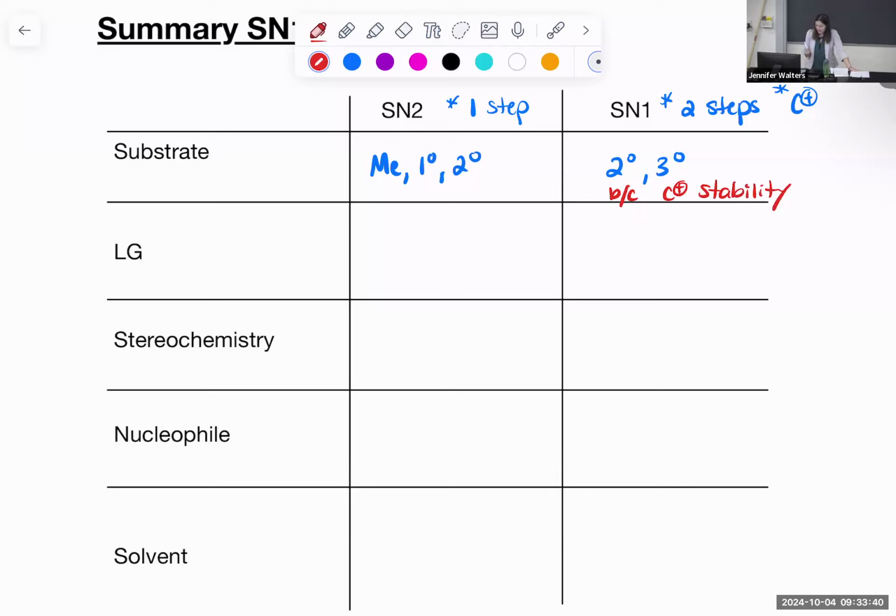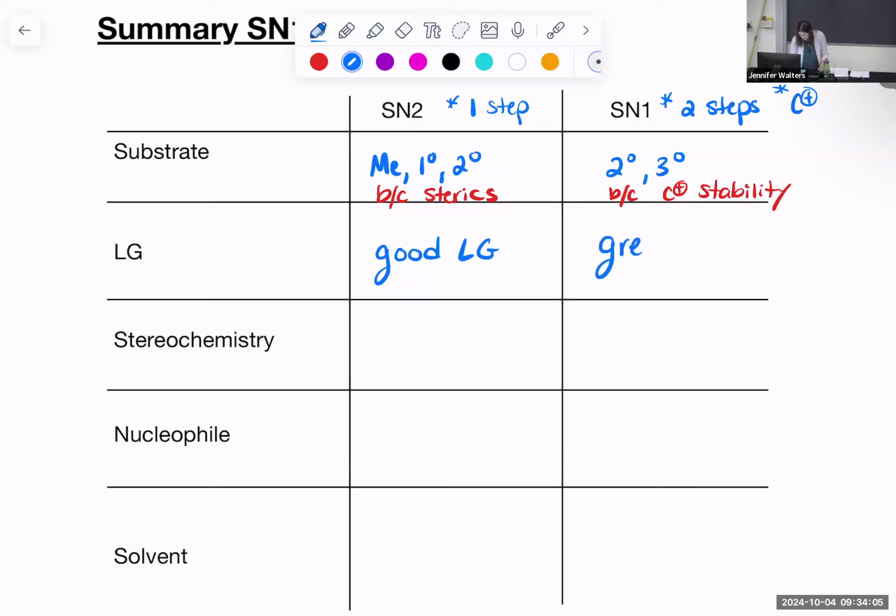The reason that SN2 substrates were favored were because of sterics, or lack of steric hindrance. SN2 needed a good leaving group because the leaving group is one of the factors in our rate determining step. It's on the substrate.